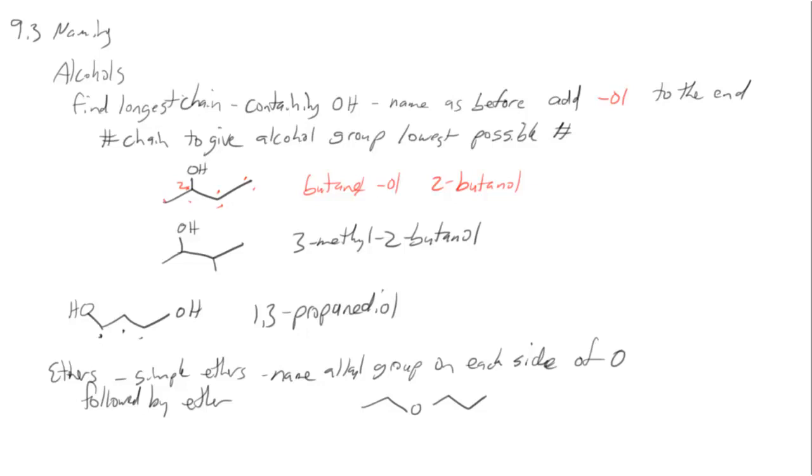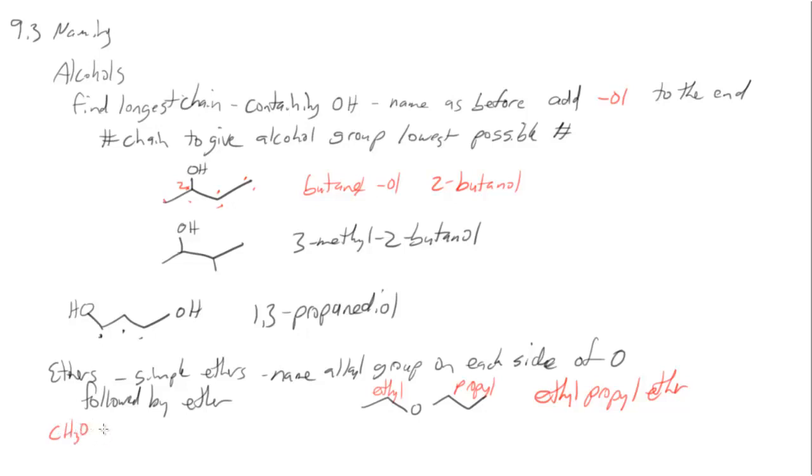If I look at this one, on one side I've got an ethyl group, on the other side I have a propyl group, and it just follows the same rules that we've used before, and that is that we put things in alphabetical order. So this would just be ethyl propyl ether.